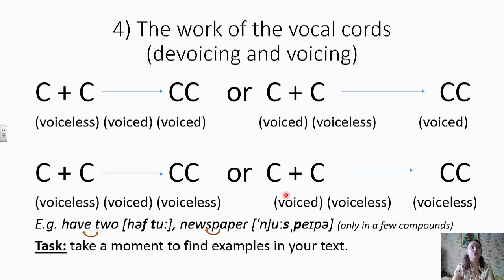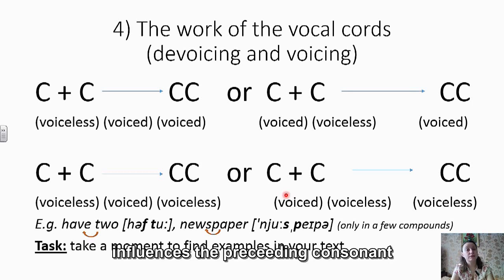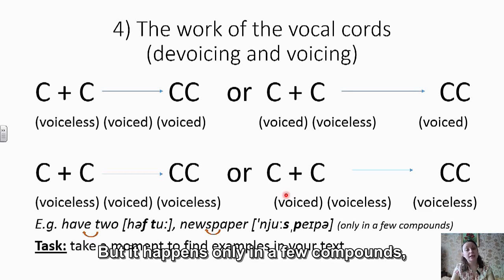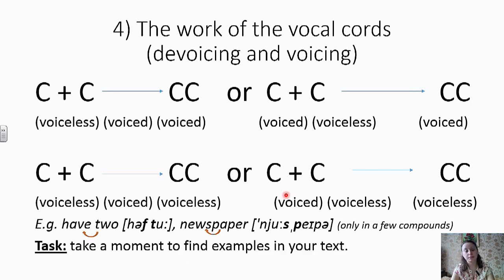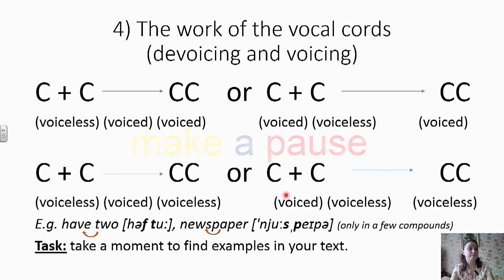Oh my gosh, good news, thank you. But when they come together, you pronounce newspaper, because the voiceless p influences the preceding consonant and makes it voiceless. But it happens only in a few compounds. That's why be very careful. Okay, take a moment and find these examples in your text.